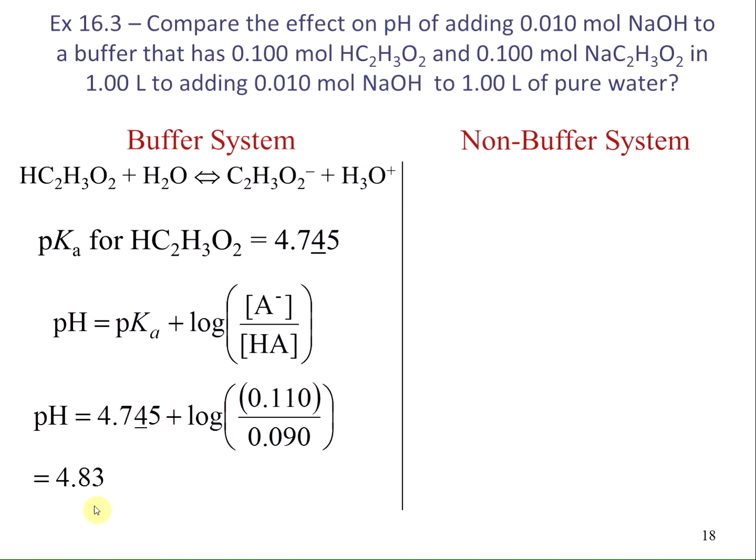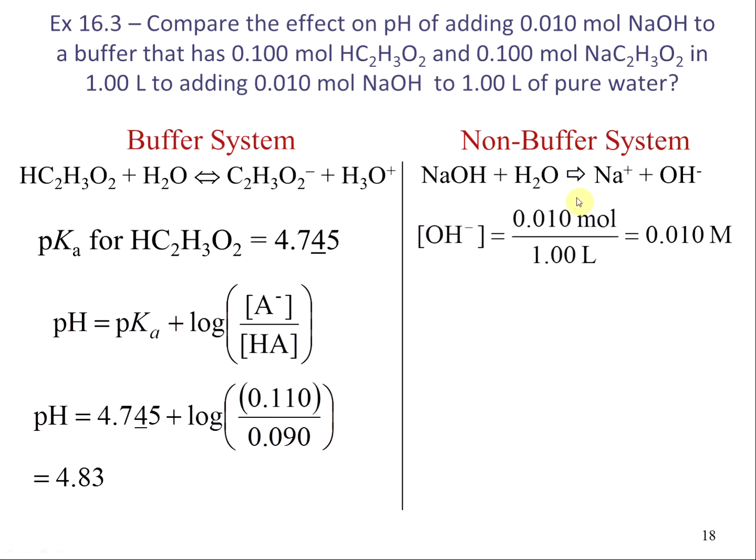Now if we compare that to a non-buffer system, remember with this system the sodium hydroxide is a strong base, so it completely dissociates. So this is a one-way reaction. The hydroxide concentration is going to be equal to the concentration of the sodium hydroxide because it completely dissociates.